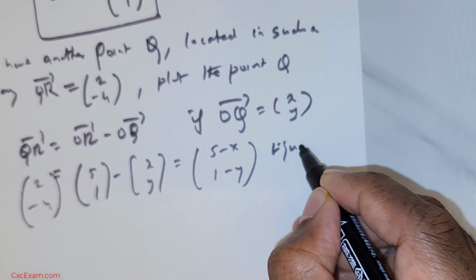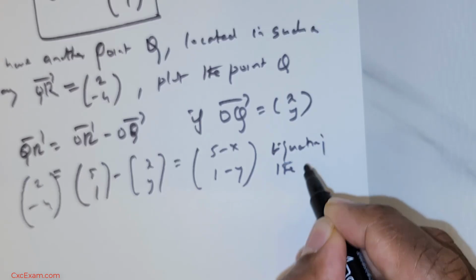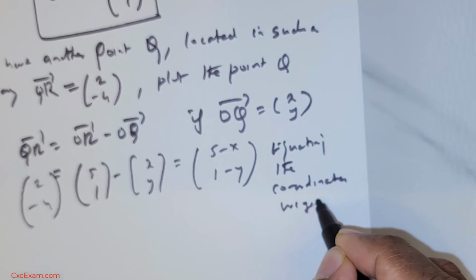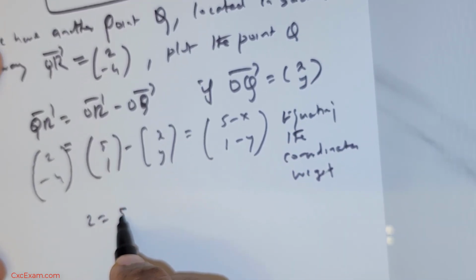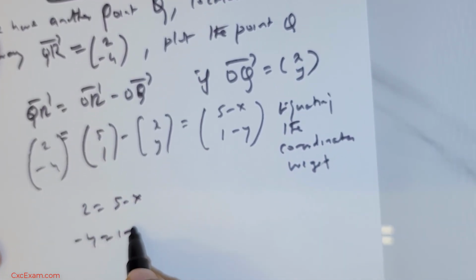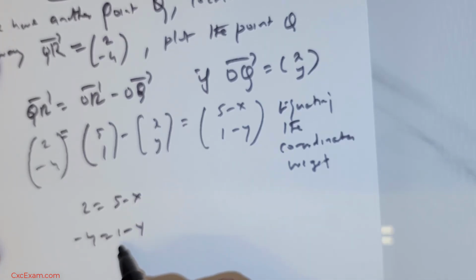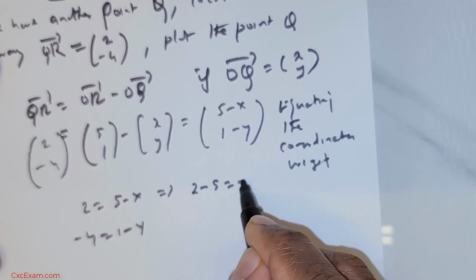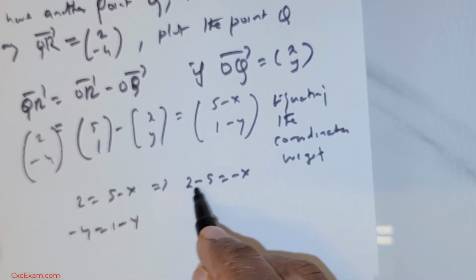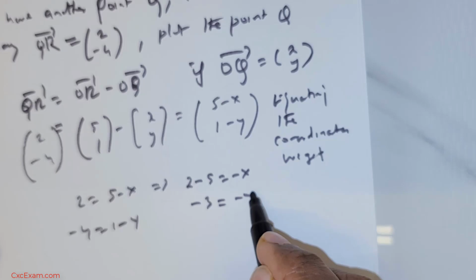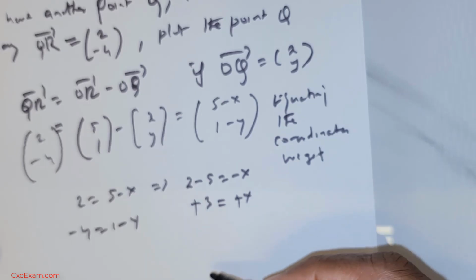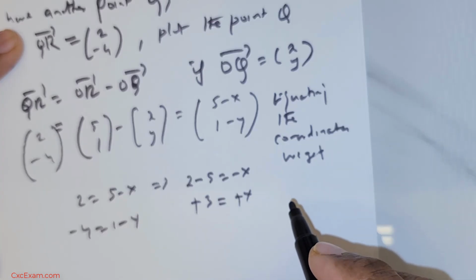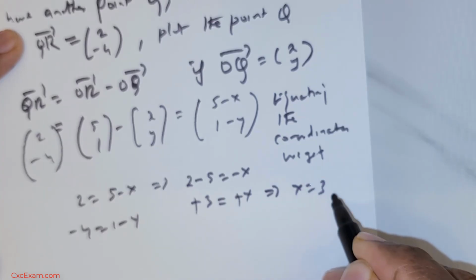So equating the coordinates, we get 2 = 5 - x, -4 = 1 - y. So from here, 2 - 5 is -x, 2 - 5 gives you -3 = -x. Two negatives we can multiply by a negative sign and get it neutralized. So this means x is equal to 3.